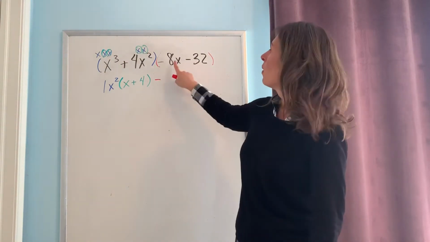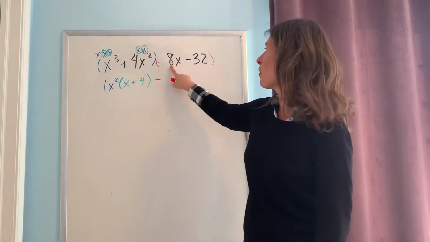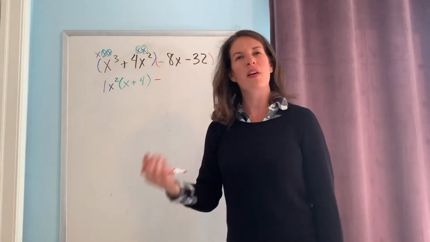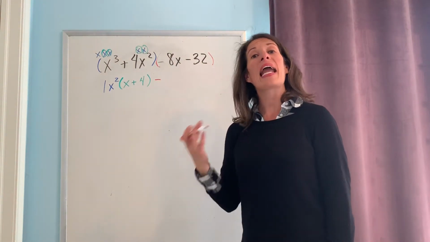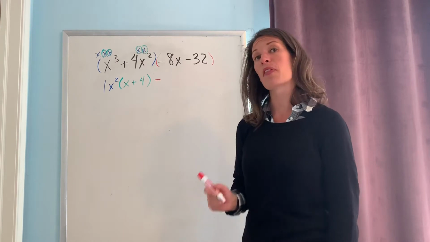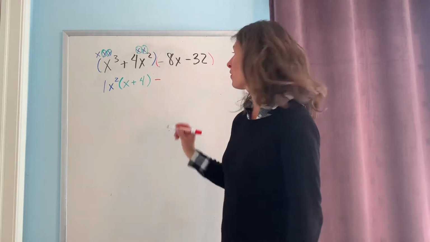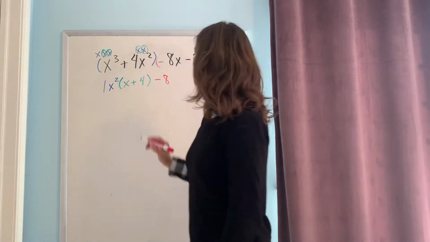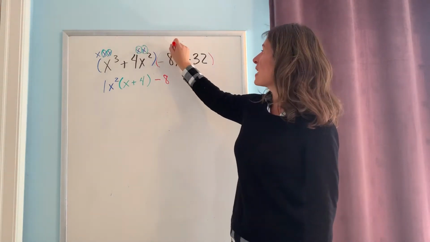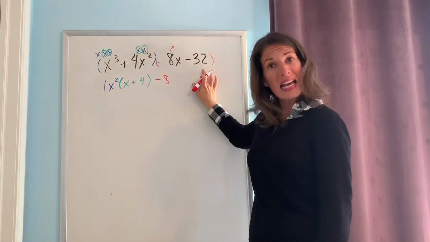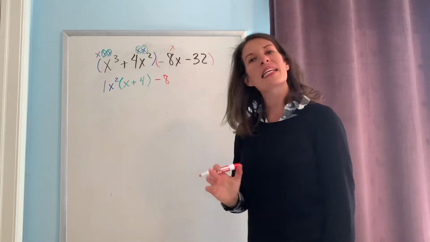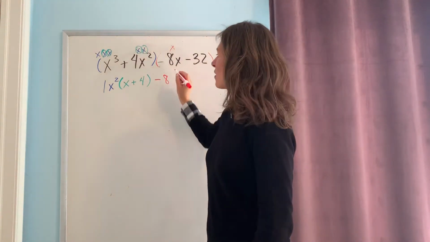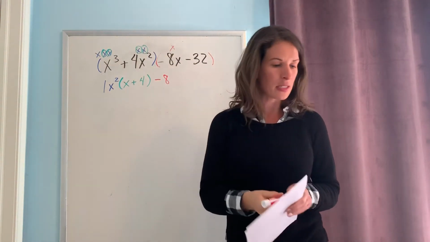So, what number can I take out of both 8 and 32? If I looked at my factor sheet, I would see that 8 is the largest number that goes into both 8 and 32. I have one x here, but I do not have any x's for my 32, which means I can't take any out. So I'm going to start my parentheses.